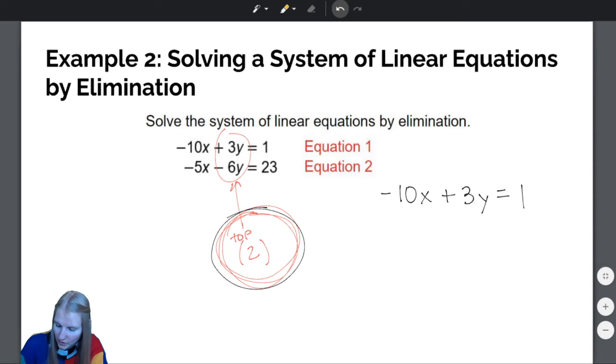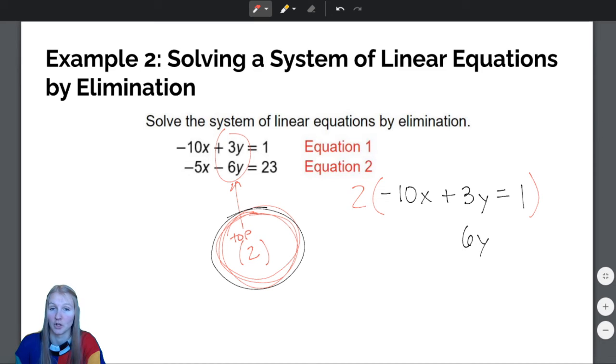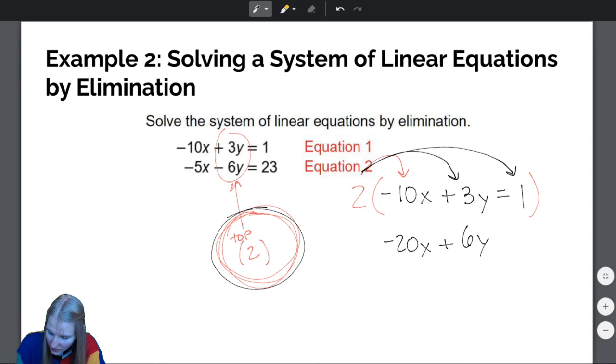So what we're going to do is multiply this entire equation by 2. So the -10 gets a 2. 2 times -10 is -20x. 2 times 3 is 6y. That's what we wanted. And 2 times 1 is 2.